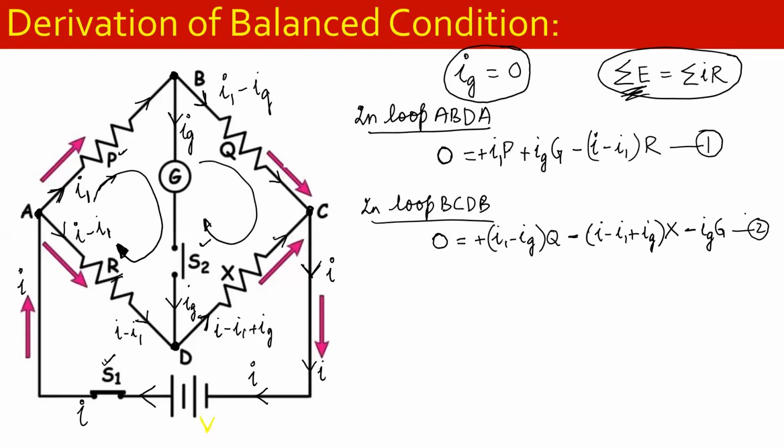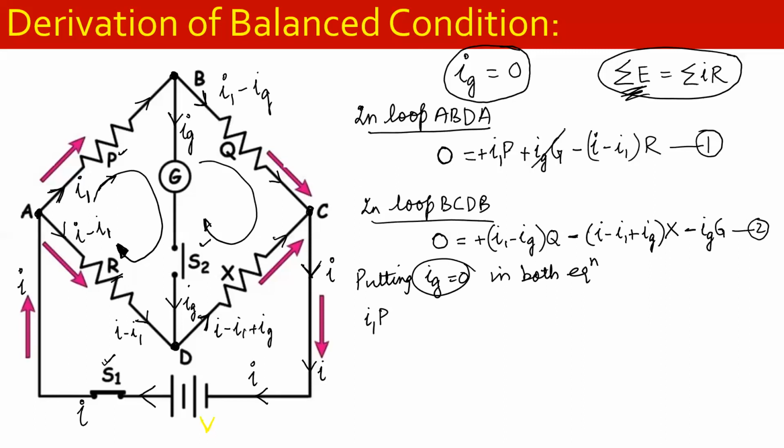Now, according to our balanced condition, the value of Ig must be 0. Now putting Ig equal to 0 in both equations.